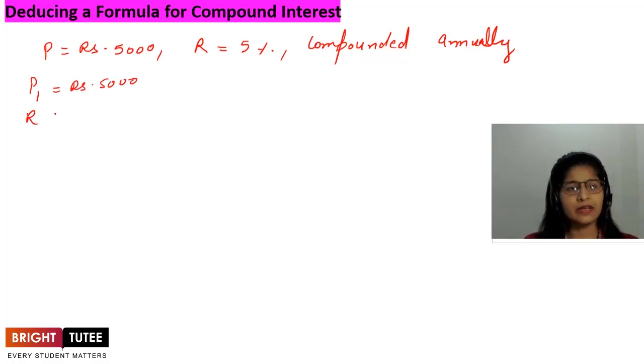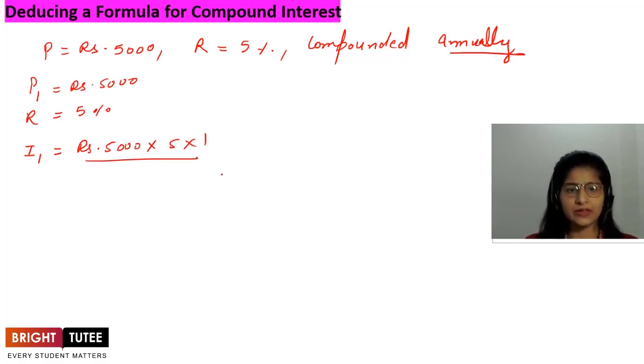Rate will remain the same for all the years, 5%. So what will be the interest for the first year? Principal into rate into time divided by 100, because annually, that's why I'm taking 1 as the time period. So divide it, we will get 5 5s are 25, 250.